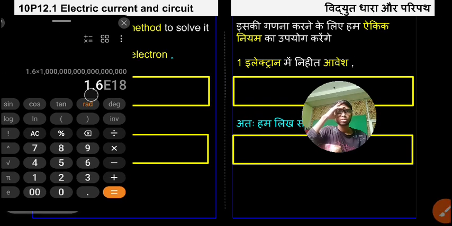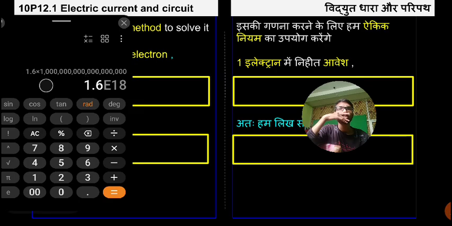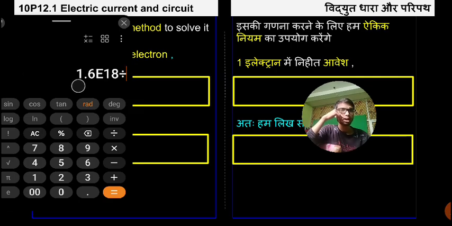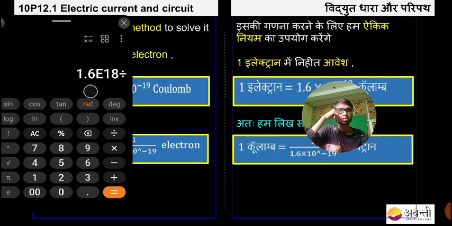We have this. So divide by, no, here divide by 1. 1 divided by this much.